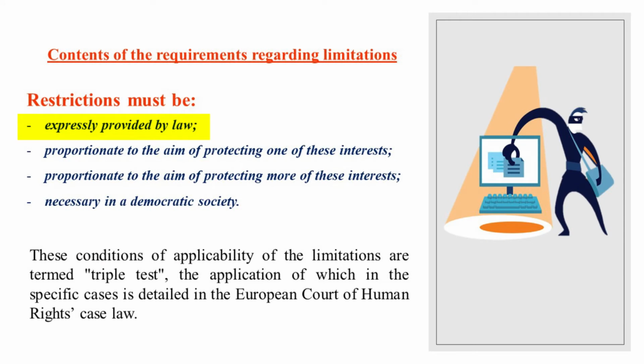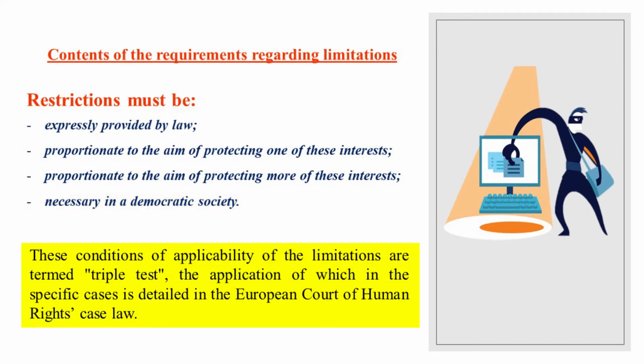Restrictions must be: 1. Expressly provided by law. 2. Proportionate to the aim of protecting one of these interests. 3. Proportionate to the aim of protecting more of these interests. 4. Necessary in a democratic society.